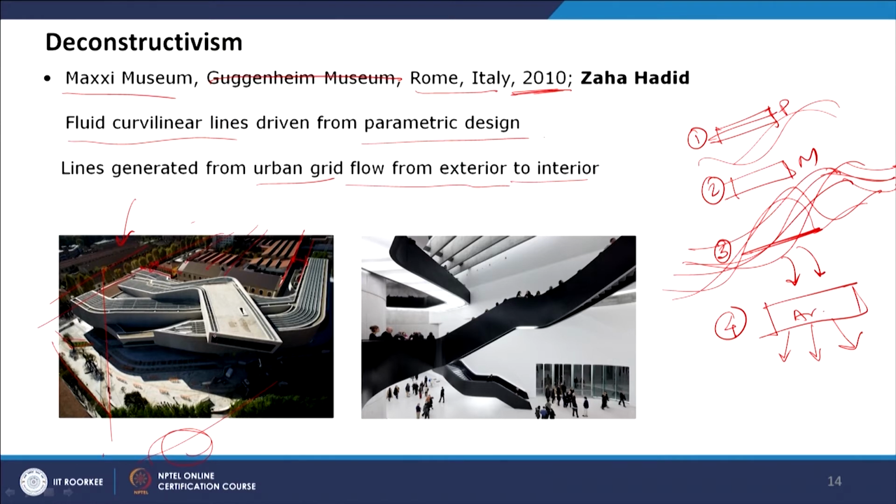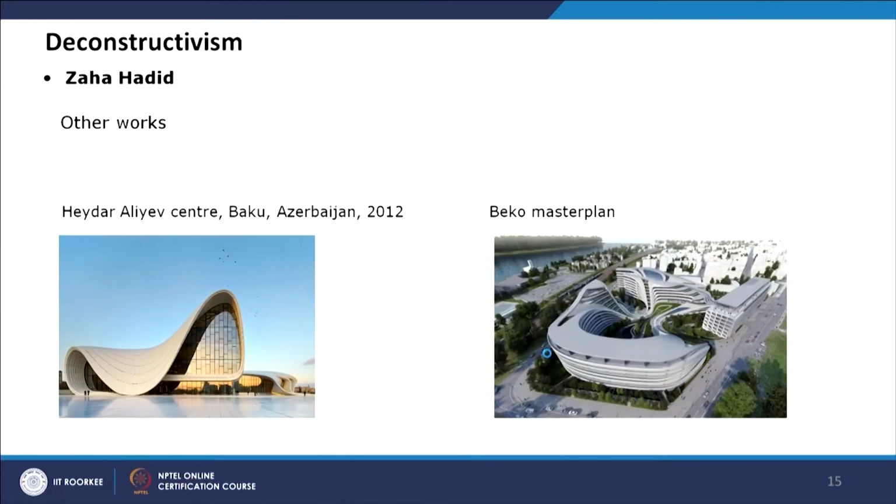All these generated lines are sometimes skylights, and they also appear in the illumination of the interior spaces and the walkway, and this walkway is also converted into the staircases. All these lines are there in the interior as well as the outside of this building.